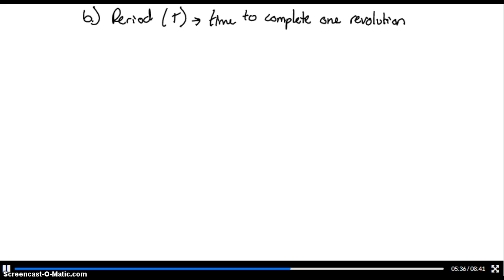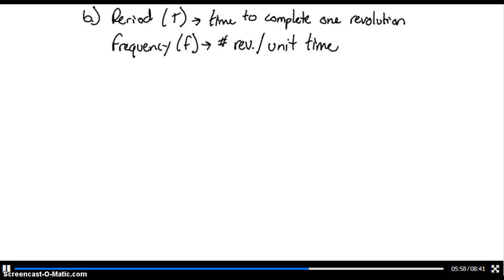So that's that satellite going all the way around the Earth one time. And then we remember the term frequency. That's just a lowercase f. And that's the number of revolutions per unit time. And that'll be helpful here momentarily.